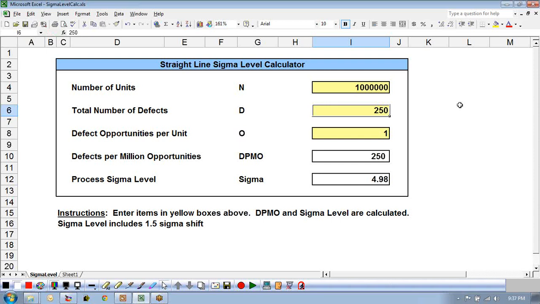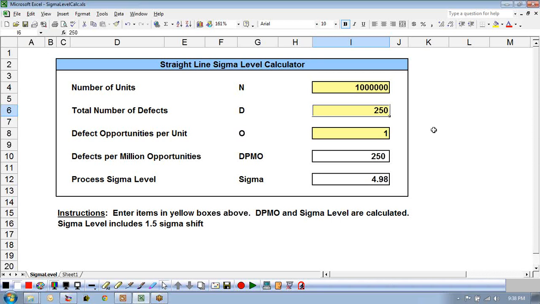Well, that's a big difference between those. So think about that. Moving from a 5 sigma process to a 6 sigma process is almost a factor of shrinking it by about 100. So that's huge. And the same thing goes for other sigma levels too.